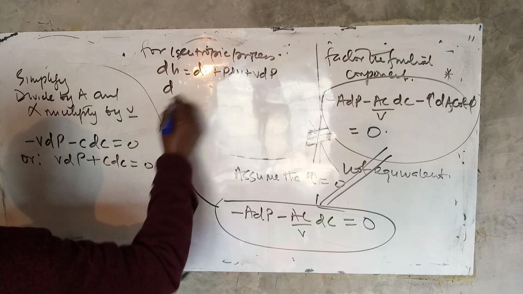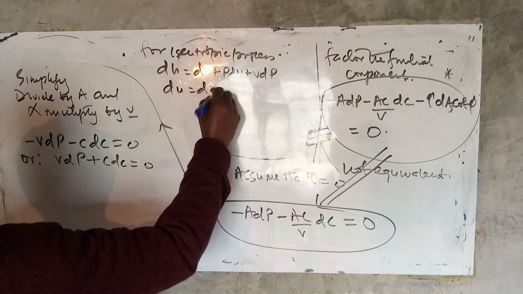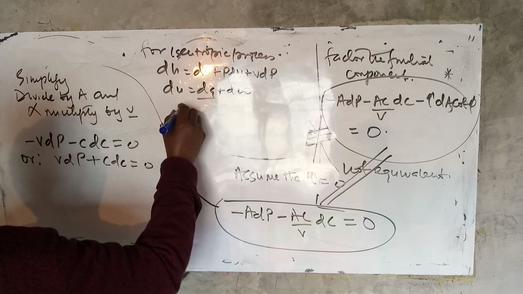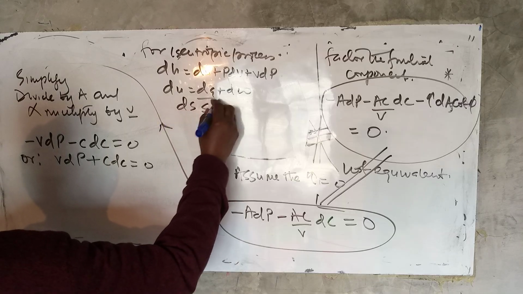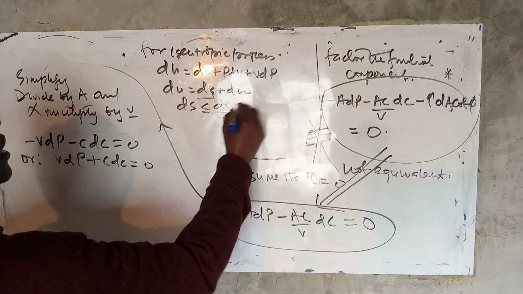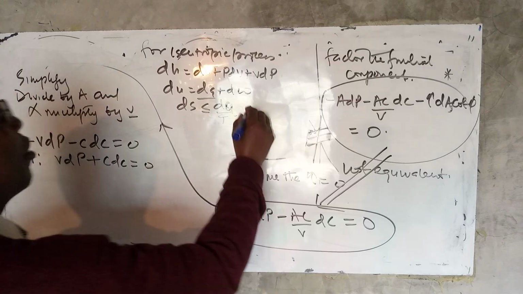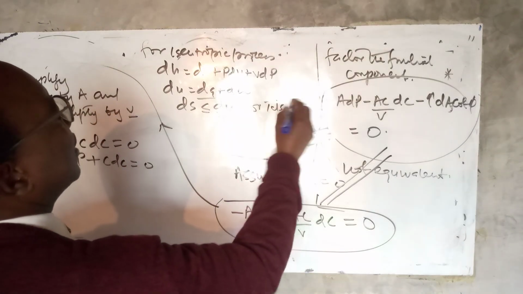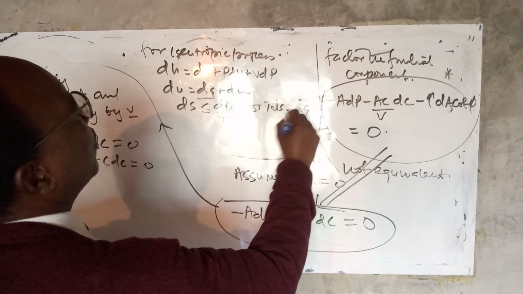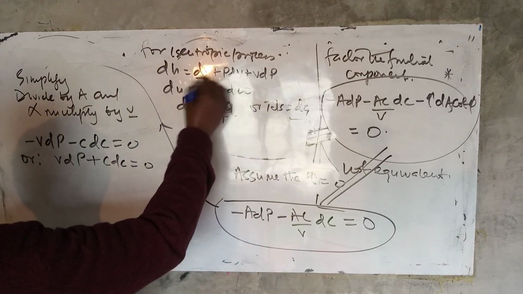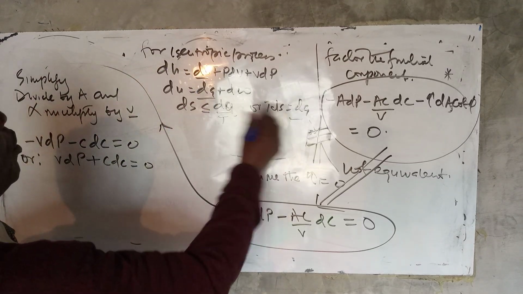So dU, which equals dq plus dw, and if you use the Clausius inequality, dq over T, or T dS equals dq, we can put in place of dq, T dS.